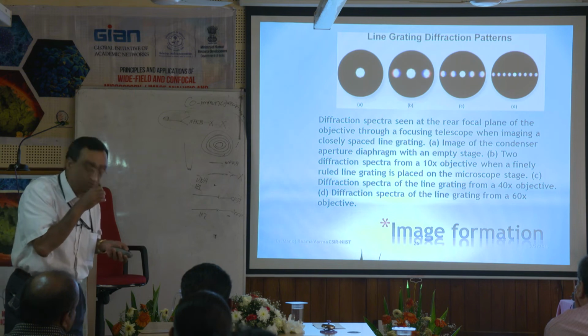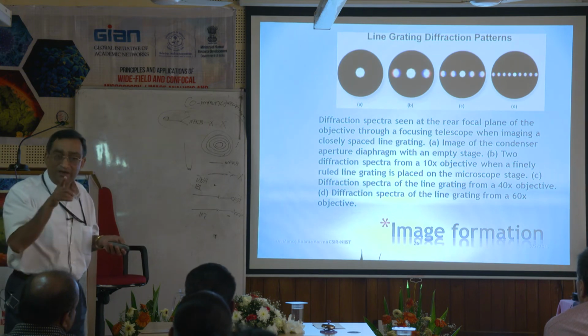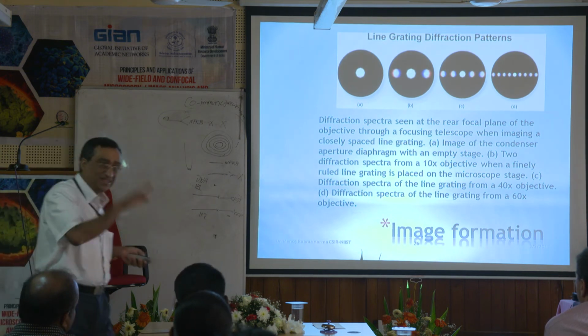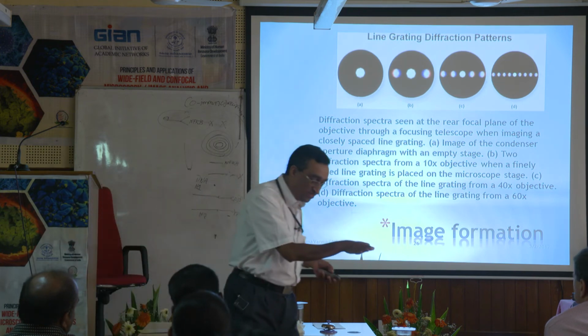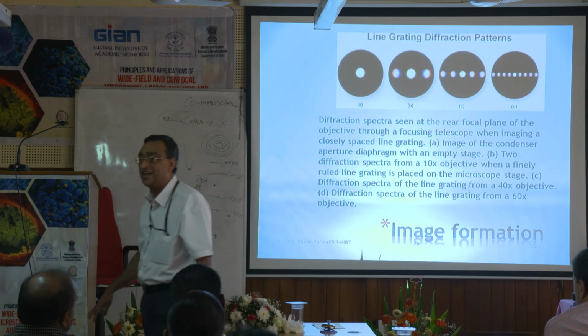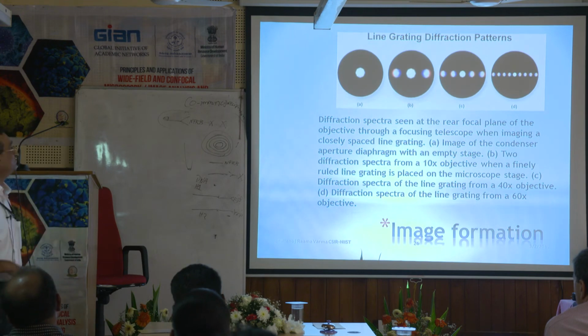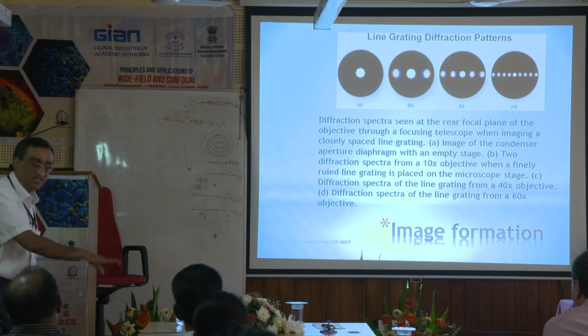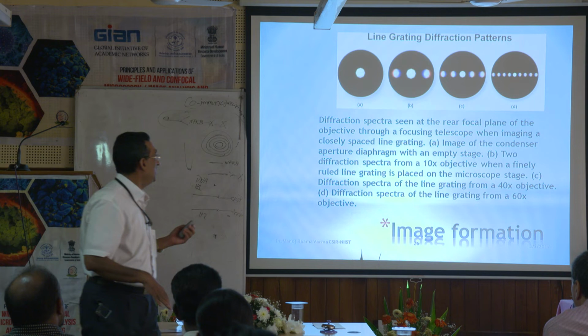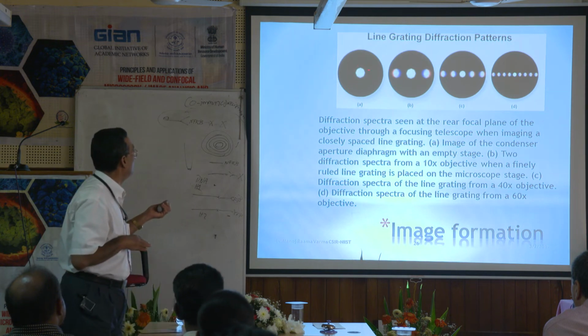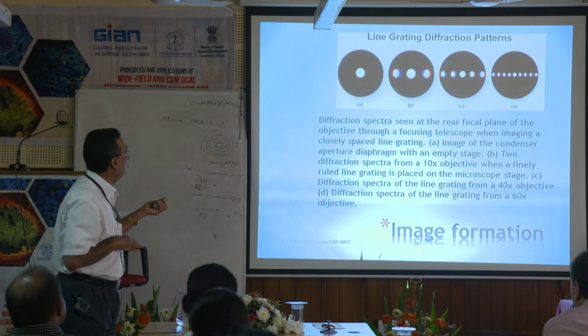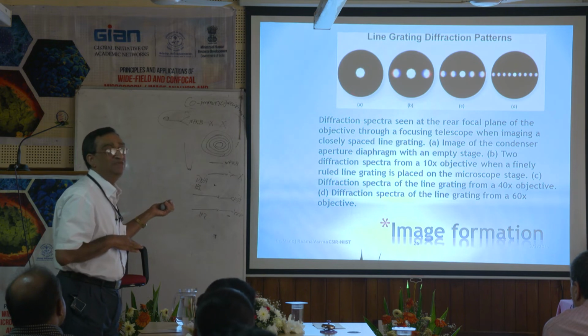Am I right? On the other hand, if I keep this diffraction grating with 50 lines per millimeter on the specimen stage, immediately instead of one image, you start getting 3 images.